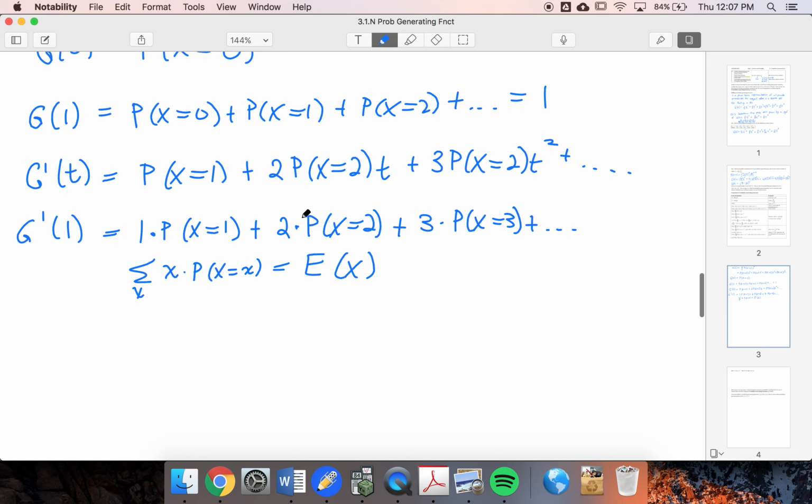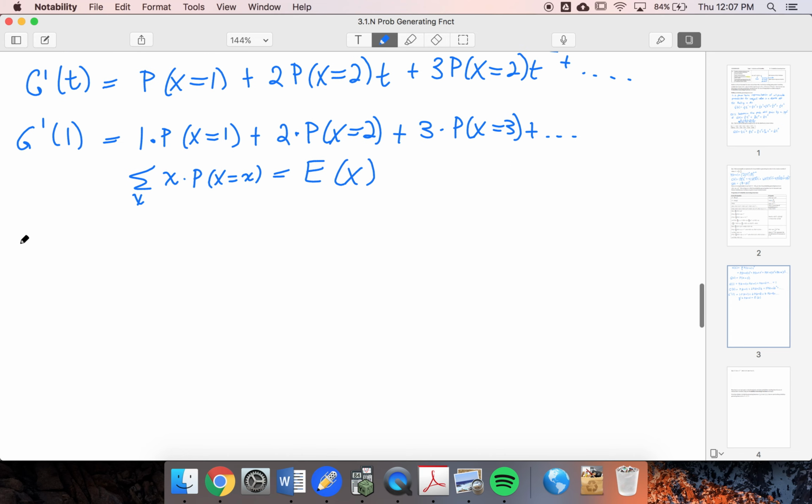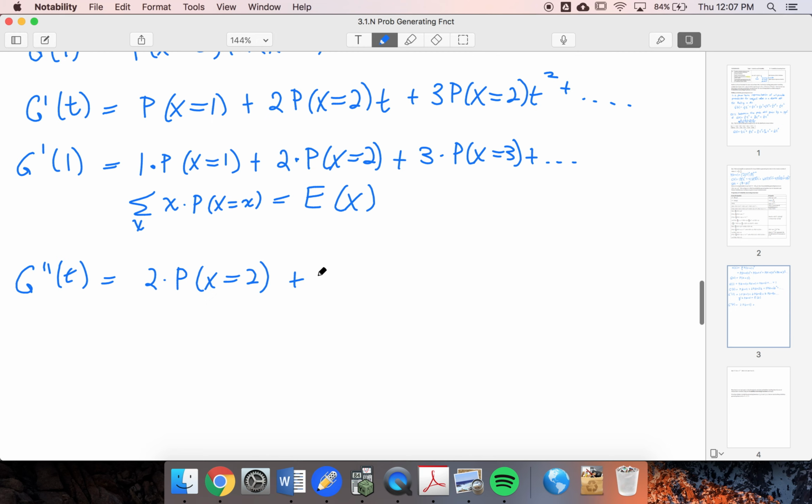If I think about my second derivative, well, the first terms are going to go away. Here I'm going to have 2 times the probability that X equals 2, plus 3 times 2 times the probability that X equals 3, and actually it's probably better if I keep this as 3 times 2. Over here this would have been 1 times 2.